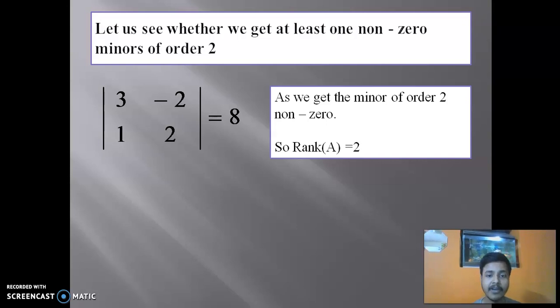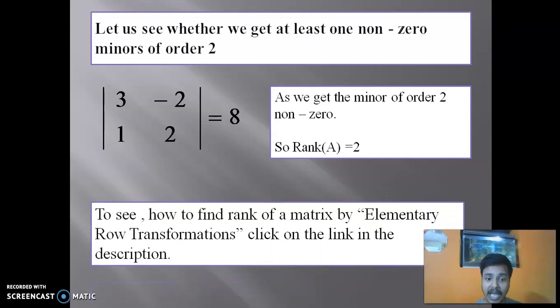Right? Now you may arrive at a question: we have used minors to find the rank of the matrix. Can we use elementary row transformation or elementary column transformation to find the rank? Yes, one can use elementary row or column transformation to find the rank.